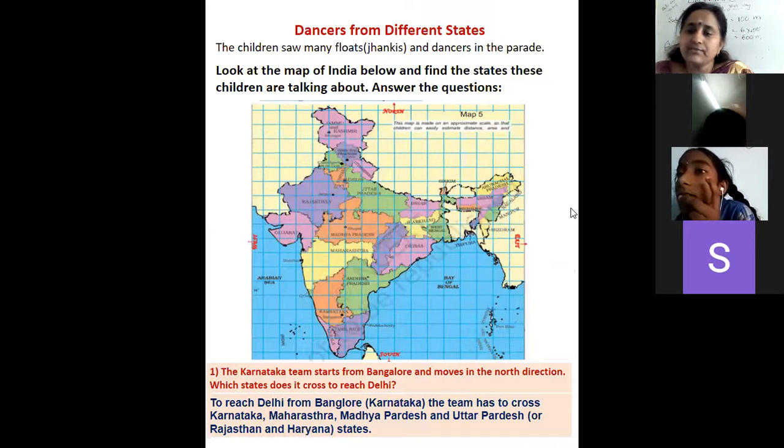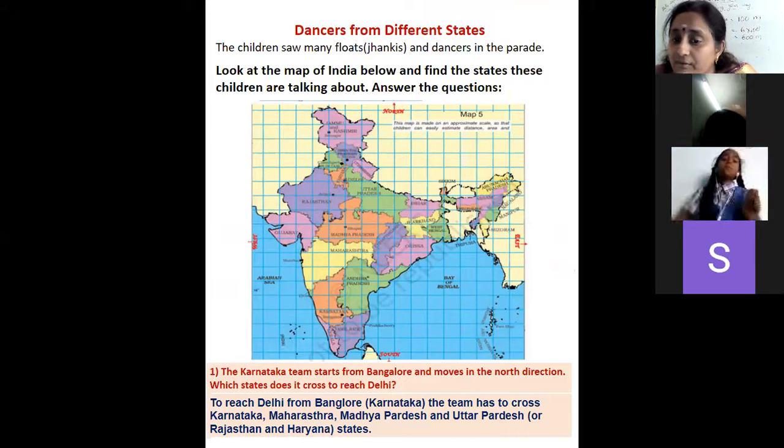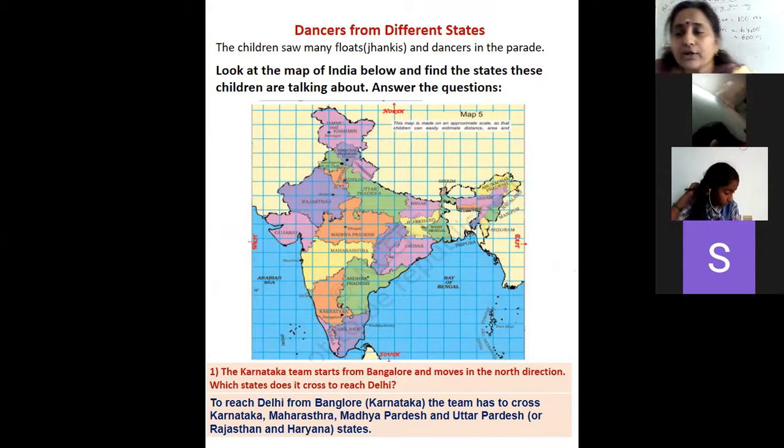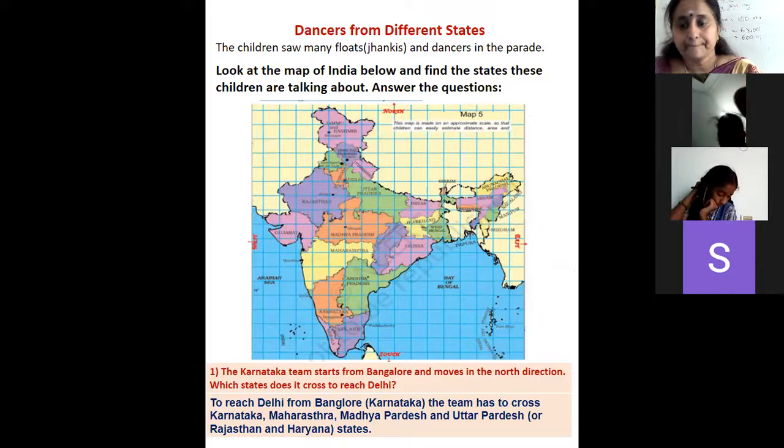Now see here, one map is given for us, but the map is in the form of a square grid. Some questions are also given for us. You have to answer the questions. On a square grid, what do you know? One box, 1 centimeter.